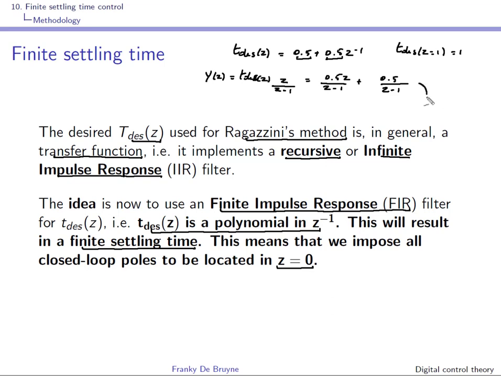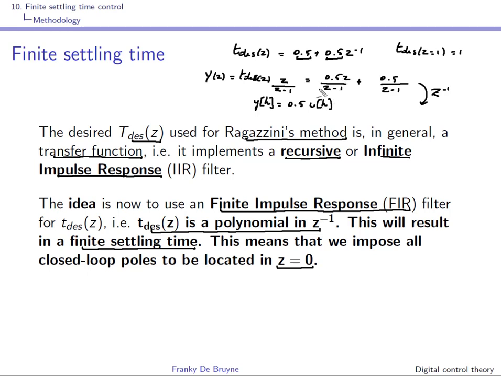So if we compute the step response in the time domain, we'll have to apply the inverse z transform, and y of k will be 0.5, and then we'll have u of k, right?